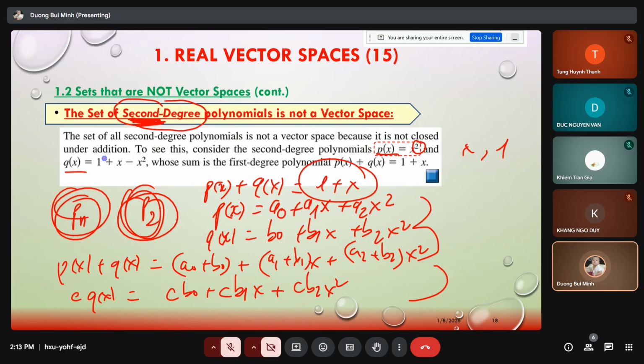This one is not secondary, this one is tertiary. So if we compare this one and this one, they are different. That means the set of secondary polynomials is not a vector space. You understand?